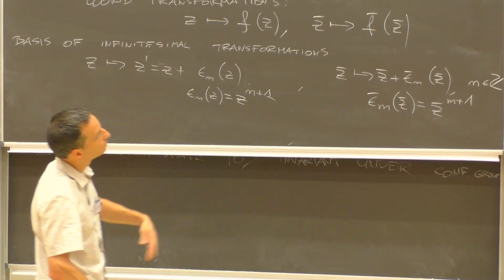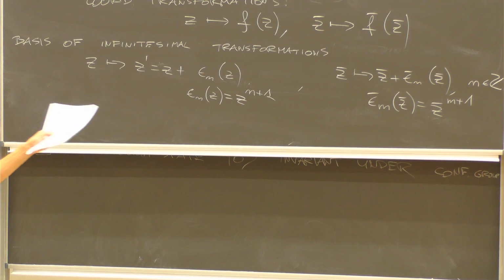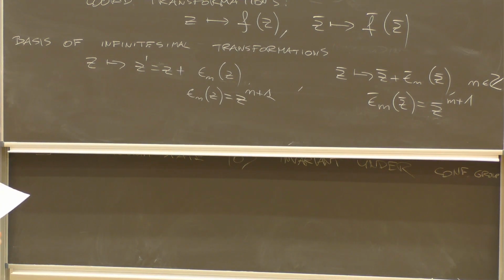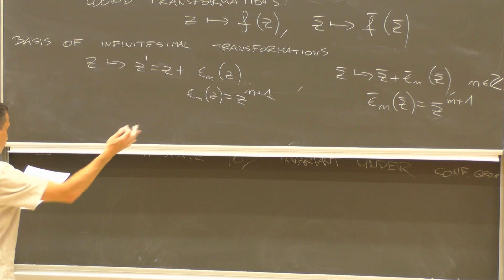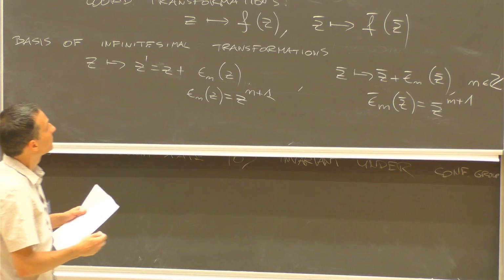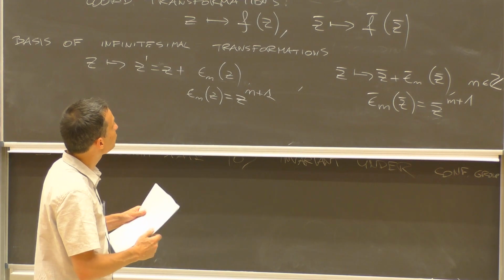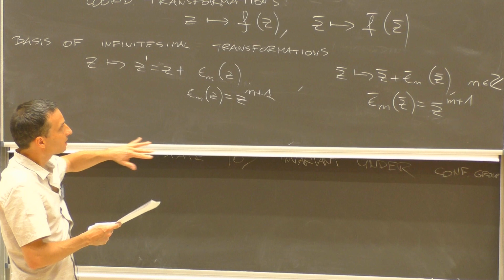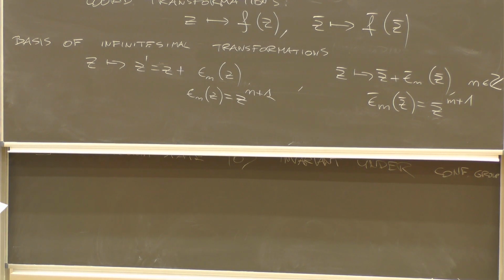So you can build all holomorphic transformations just from these ones, or analytic, just being careful what you mean by holomorphic or analytic. And for these transformations, you can write corresponding generators. If you want to see how a given function or a field which involves these coordinates transforms, then you can generate such transformations by the following operators.